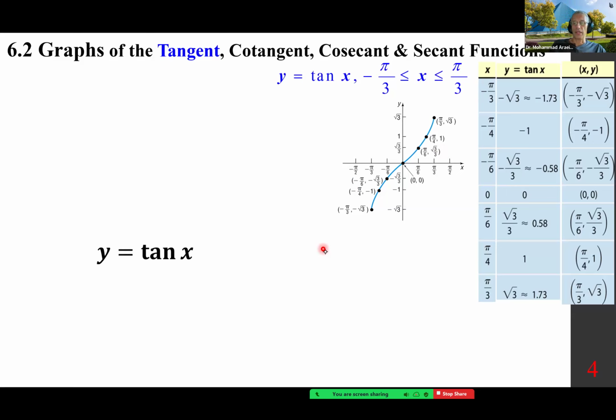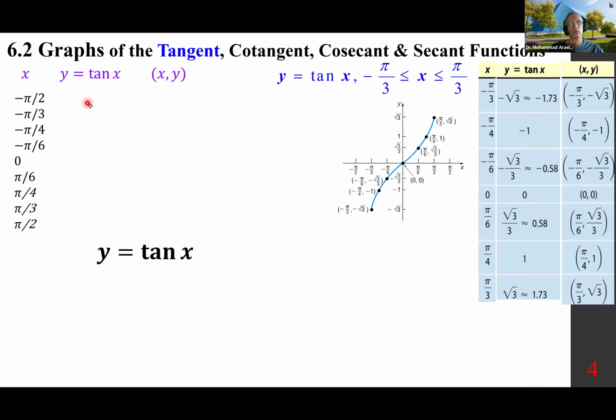Now, what about y equals tan x? Let's look at the same points and add more. When we add more, we know at pi over 2 it's undefined, and so it is at minus pi over 2, because tangent is sine x over cosine x, and cosine is 0 at pi over 2 and at negative pi over 2.